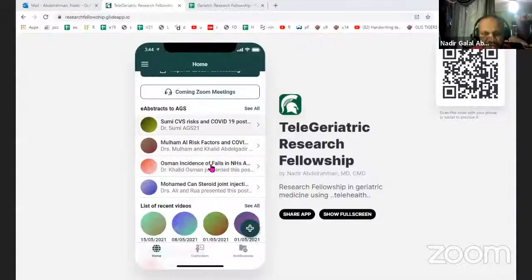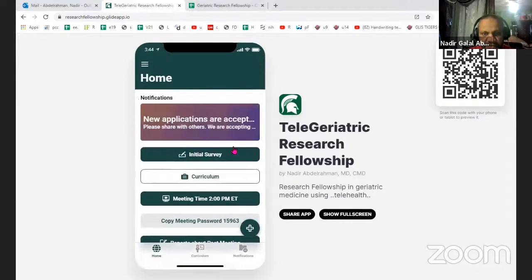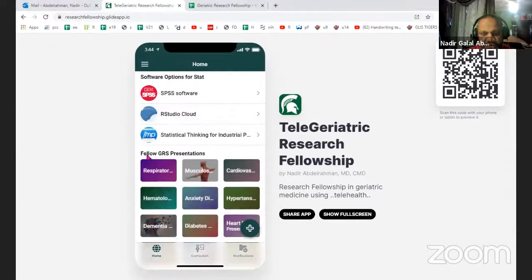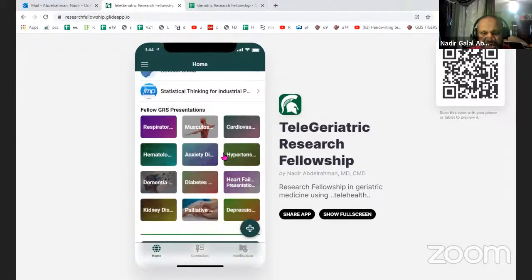I can show the screen. So if you go to the app, what I did in the past is, each one of the fellows looked at these presentations and used them as a way to improve their presentation skills.